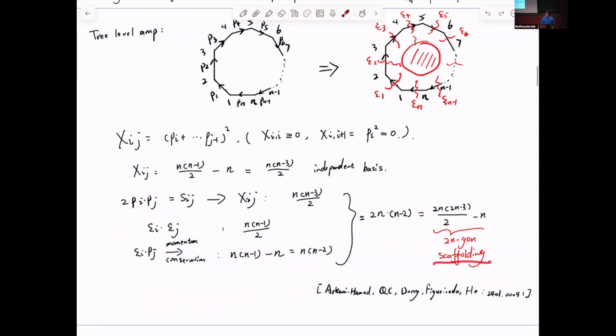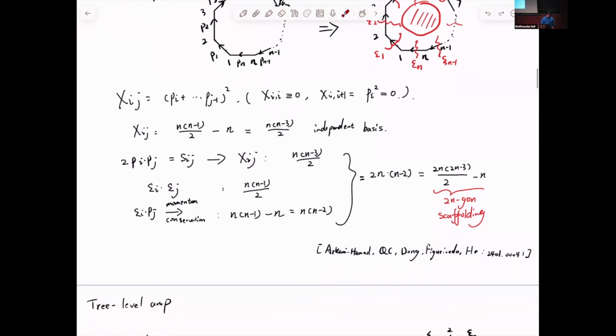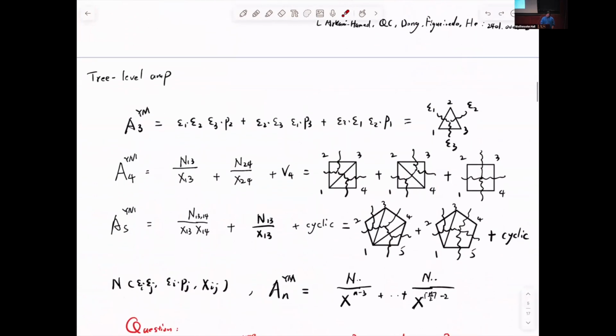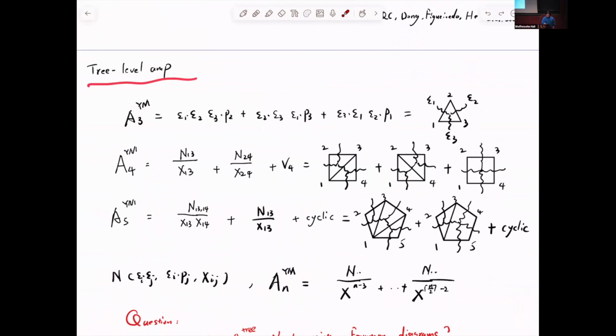If you are interested in the scalar scaffolding of gluon scattering, you can see our recent papers. But here I want to talk about the pictures. Now our target for the tree-level amplitude looks like this.